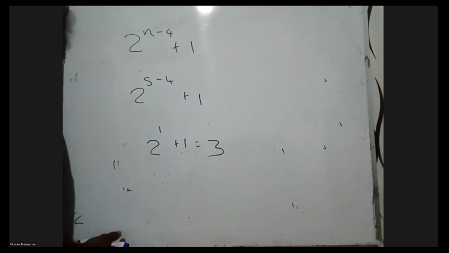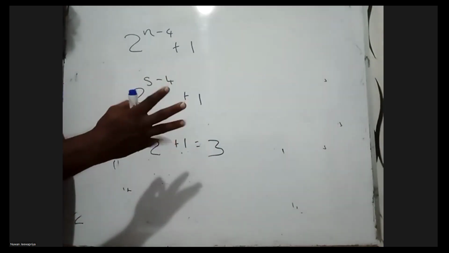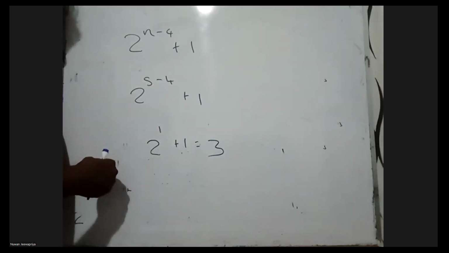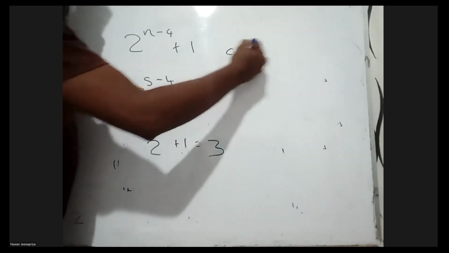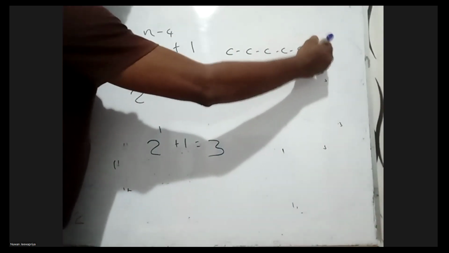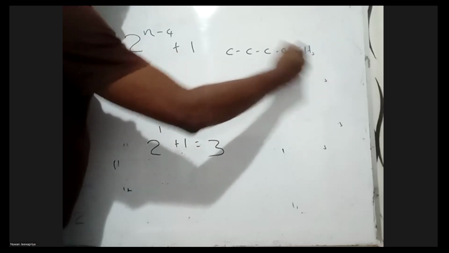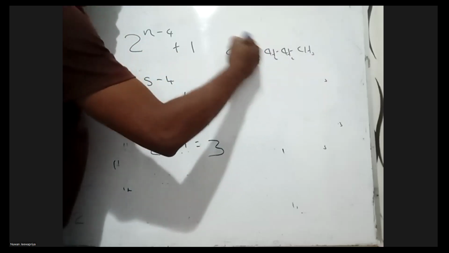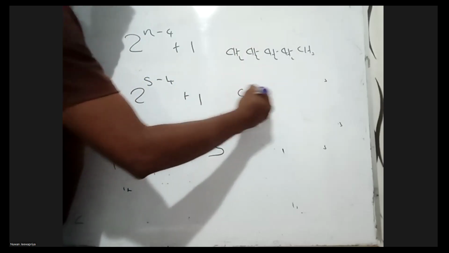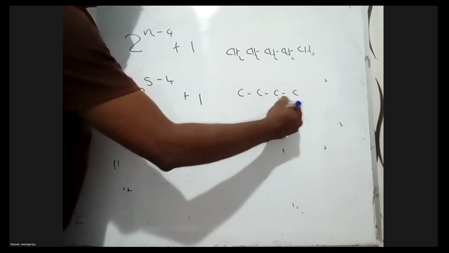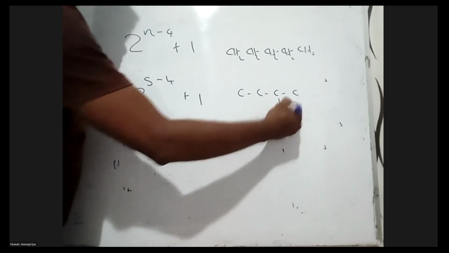So when it is pentane, there are 3 isomers, as I told you earlier. The pentane 1, 2, 3, 4, 5. So this is one isomer, right? 1, 2, 3, 4. And this is another isomer.